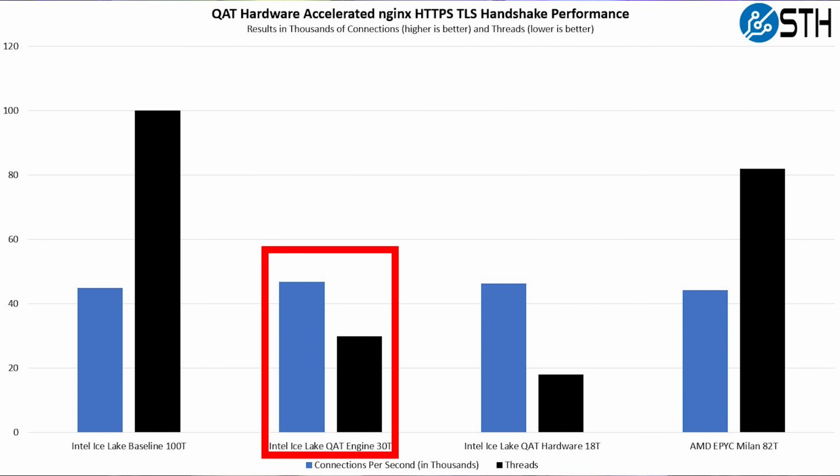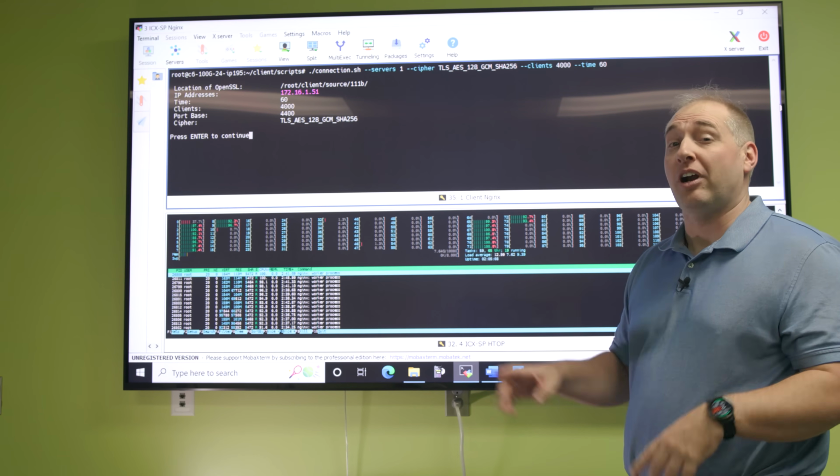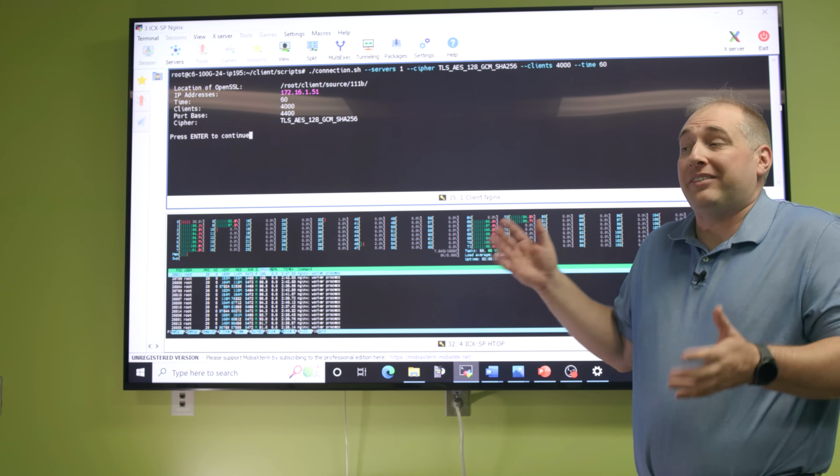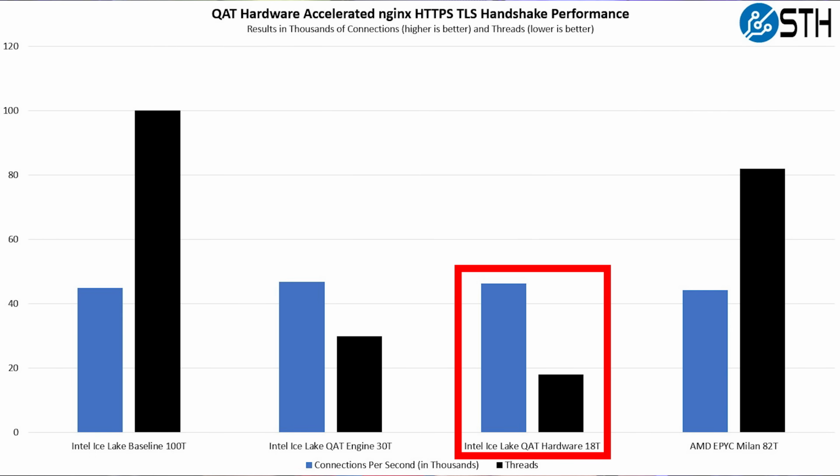But we were not done there, because the next step was to use that QAT engine, but also take advantage of the hardware offload that we had in the QAT accelerator card. And by doing that, we were able to push our full 45,000-ish connections per second using the QAT engine with the hardware offload and only 18 cores.